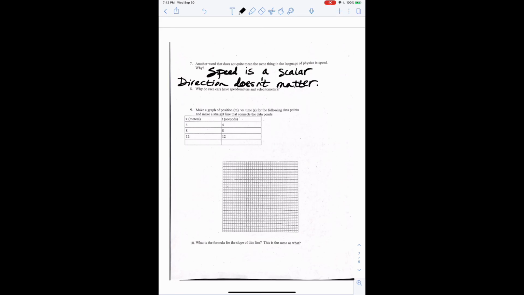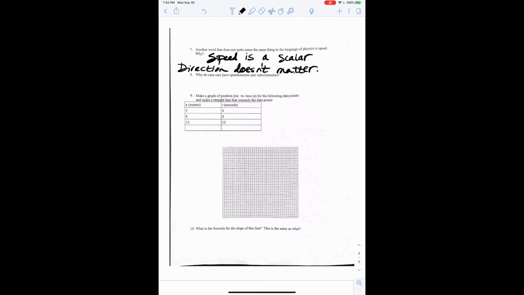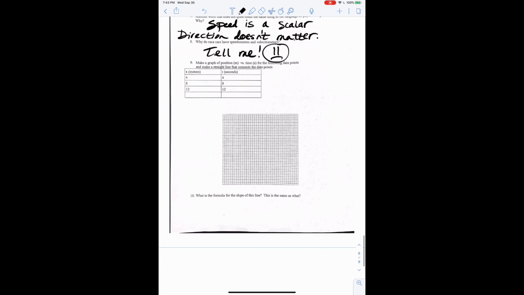And I think it was something along the lines of, so they know how quickly they're moving in a certain direction, say towards the finish line, or when they're navigating a turn. I thought there was a better answer than that. So I'm going to leave that blank right now and see if any of you can come up with that answer. I'm just going to write, tell me. Sad Mr. Rodriguez face. All right. I like learning, so I would love to know the answer to that question.